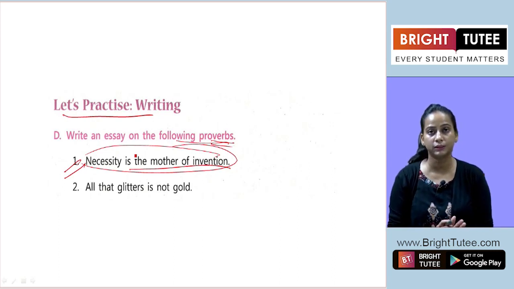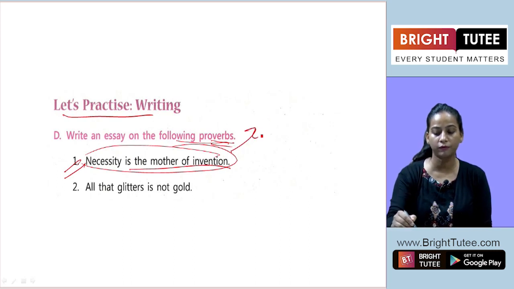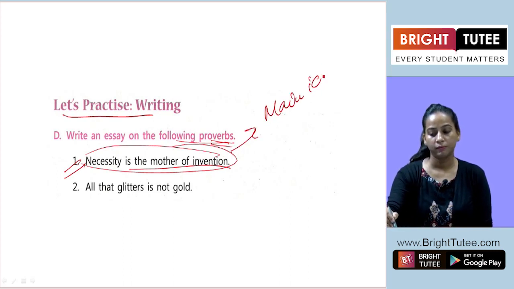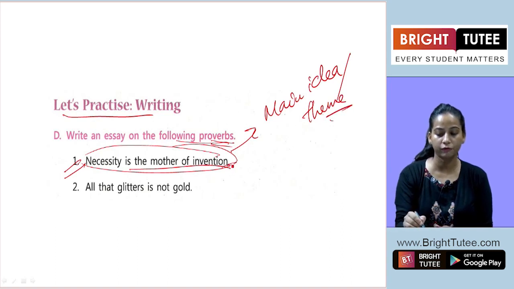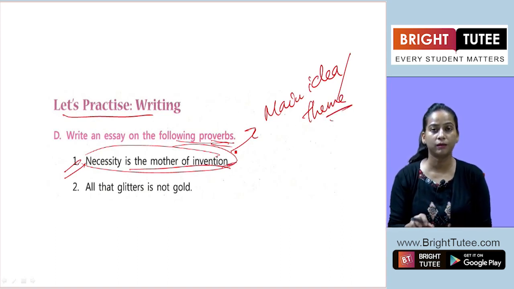But before starting, just think of the main idea or the theme that you have to take. It is already given, but how you are going to present it, any phrase or any other relevant slogan you have to use, that you have to decide.